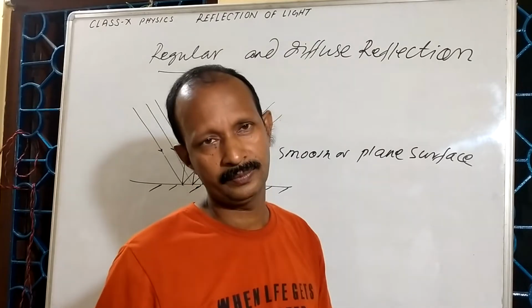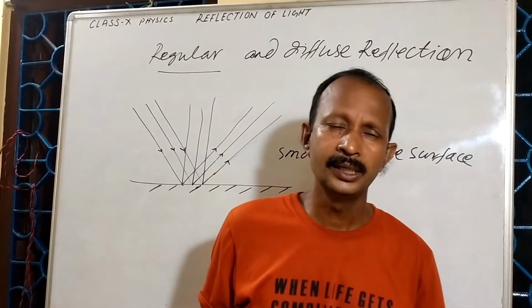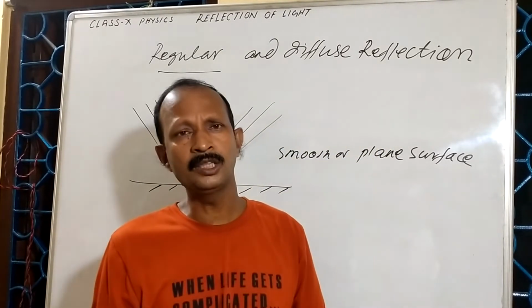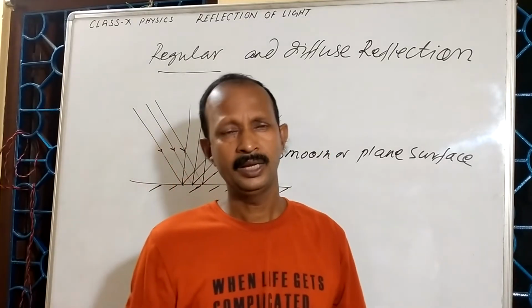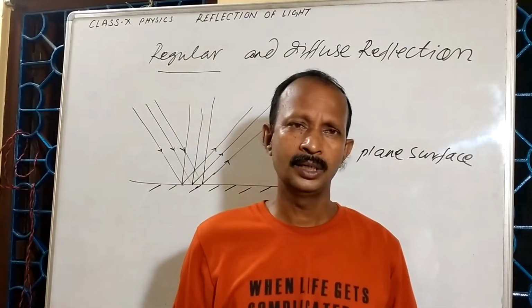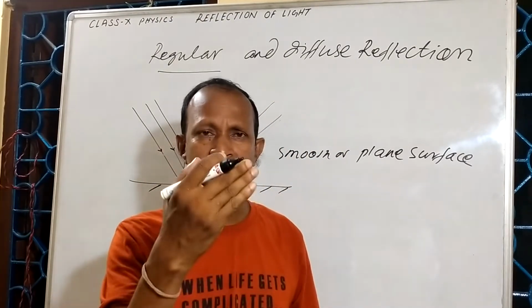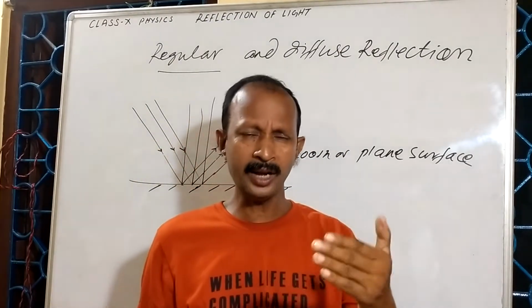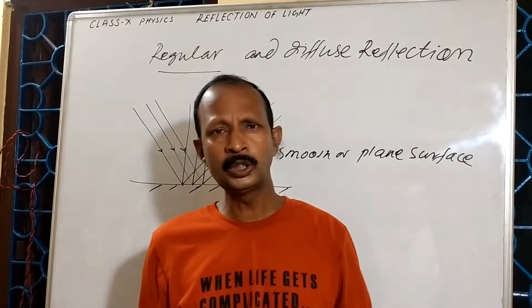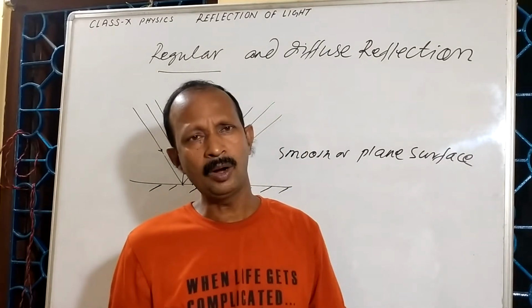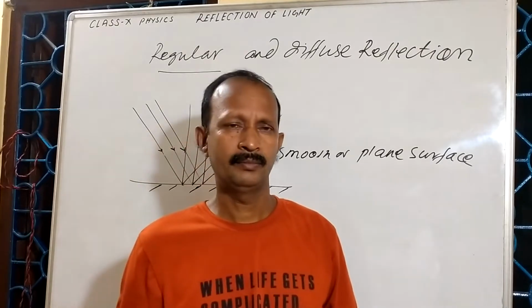make the image. You see that in a mirror we see the image of our face. Why? Because on the surface of the mirror regular reflection takes place. So regular reflection is able to make the image.